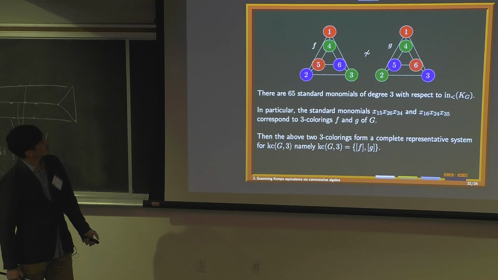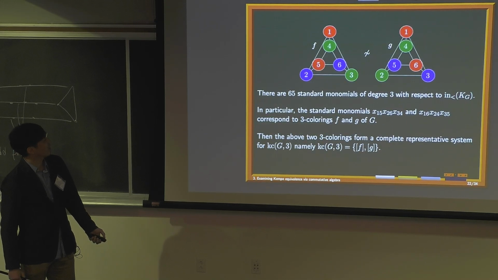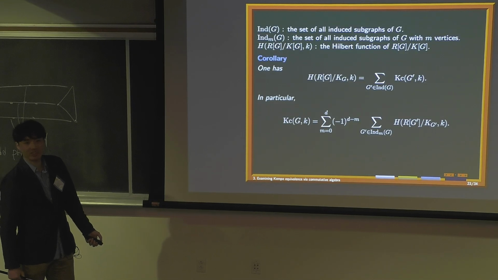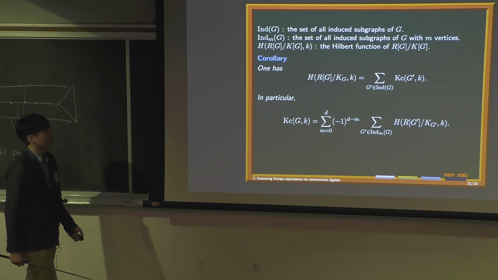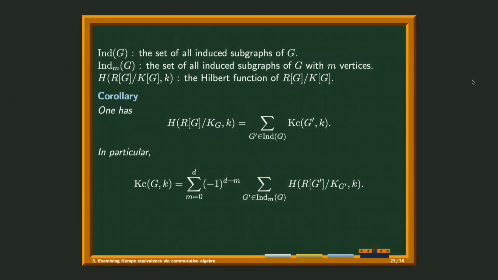By using this theorem, we can count K-Kempe classes by using the Hilbert function. Indeed, the Hilbert function of this link can be computed by using the number of K-Kempe classes for all induced subgraphs.